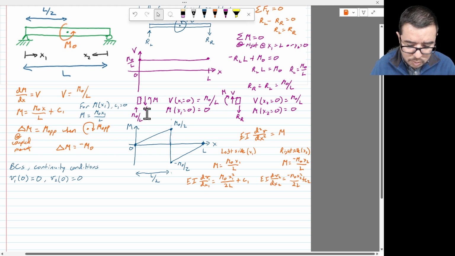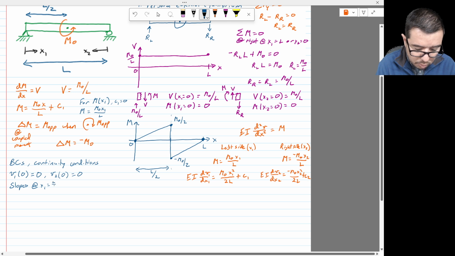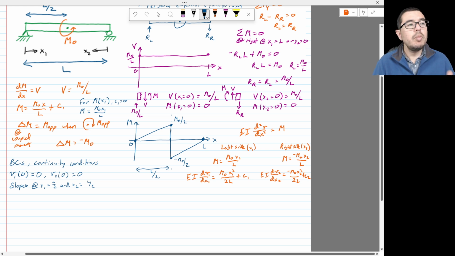And yes, there's a discontinuity there in the bending moments, but it does get up to that point, it does get down to that point, and so what we can say is the slopes at x1 equal L over 2 and x2 equal L over 2 will have some continuity.